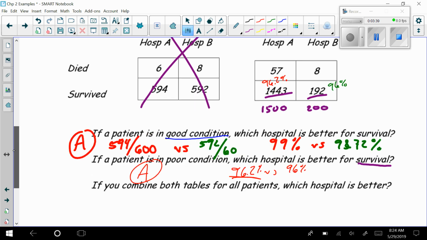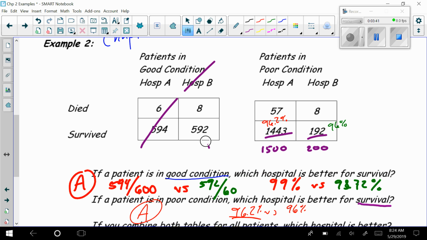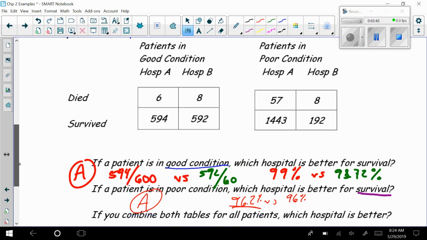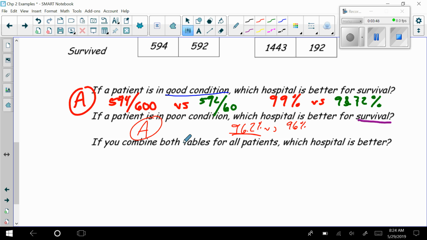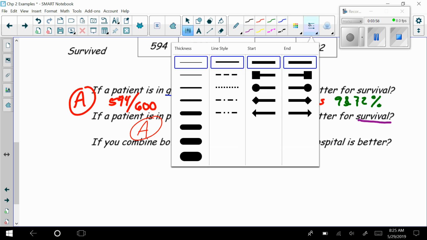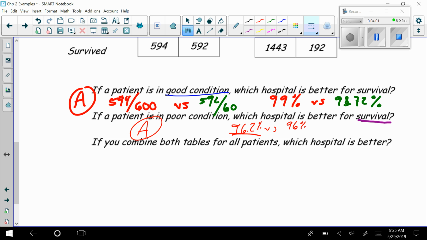Same type of thing here. I think I'll just erase and restart with a blank canvas. If you combine both tables for all patients, which hospital is better? I think that means they're talking about initial conditions. It doesn't matter if you come in good health or poor health.